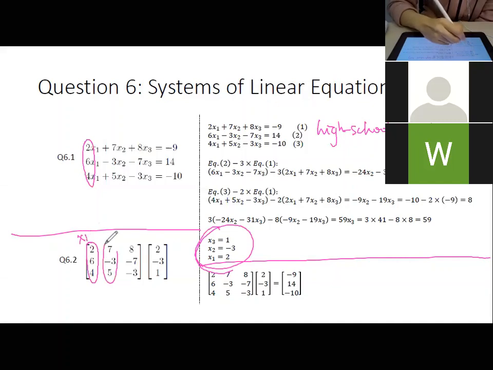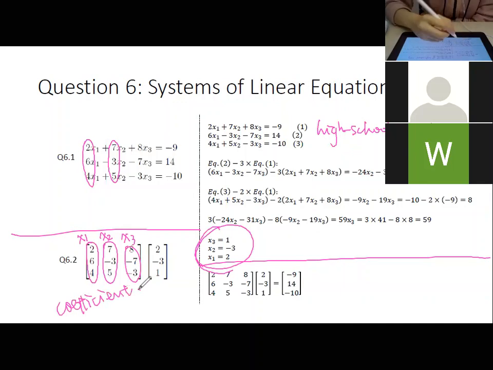The second column is the coefficients before the variable x2, and the third column is the coefficients before x3. This vector is the solutions: this is x1, this is x2, this is x3. Now we are going to see what will happen.